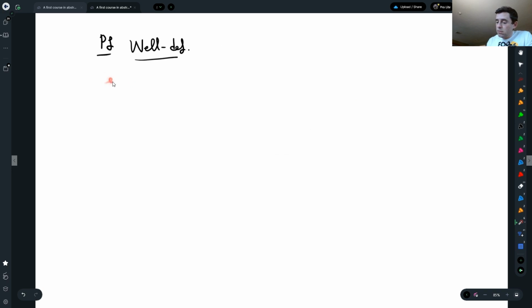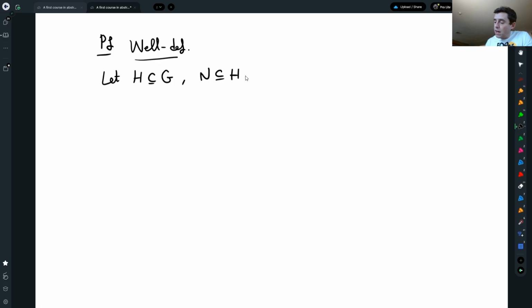So let H be a subgroup of G with N contained in H. Then the fact that N is normal in G implies that N is in particular normal in H. And therefore, H modulo N is a quotient group.